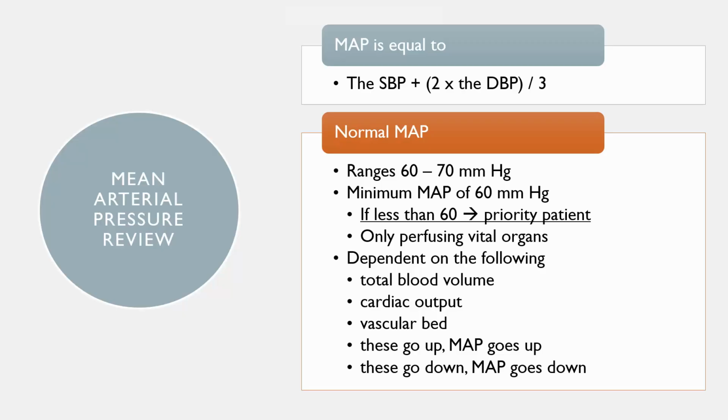So if we have good blood volume, good cardiac output, and good constriction and vasodilation, both good pressures in our vessels, then our mean arterial pressure goes up. If we have dehydration, poor cardiac output, and lots of vasodilation in our vessels, our mean arterial pressure goes down.